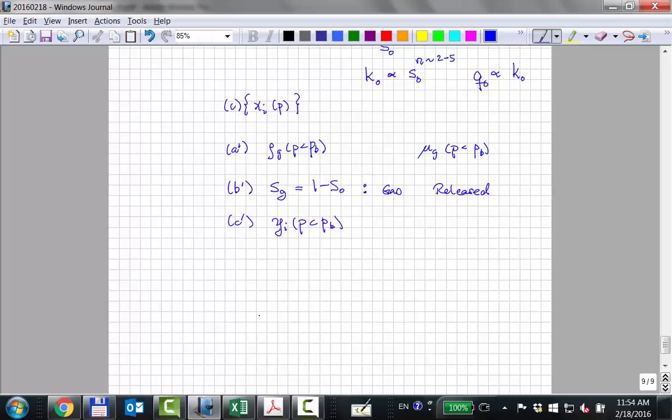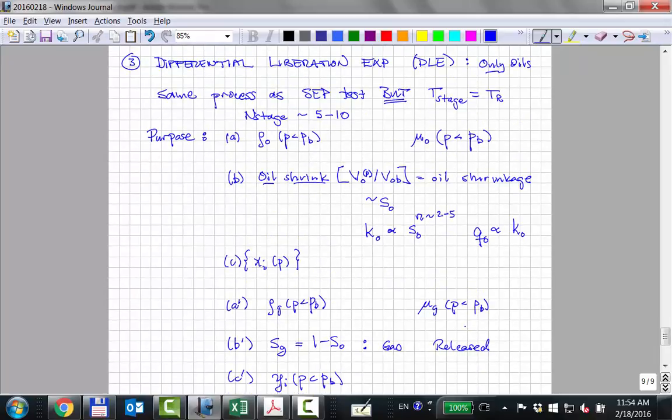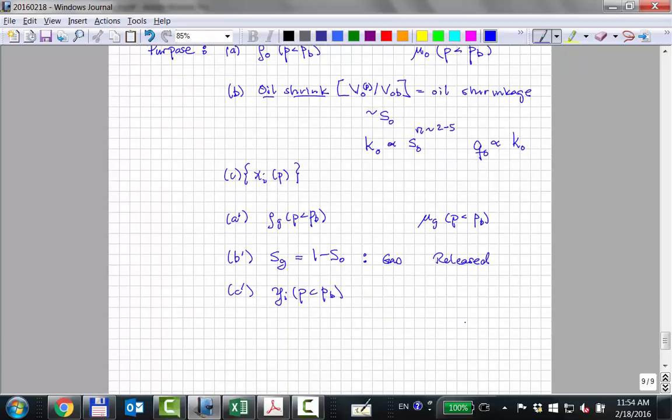Okay, so this is the differential liberation experiment. Basically, we want to know PVT properties at reservoir conditions.